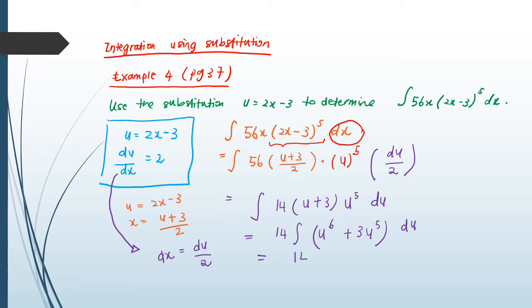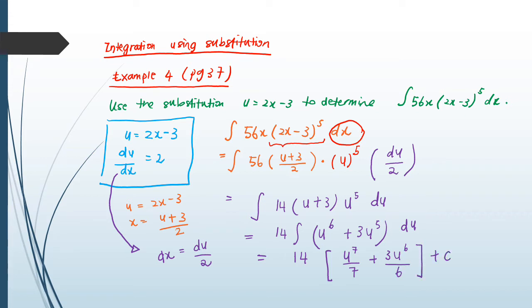What would I get next? 14 is just a number, copy as it is. Integrating u to the power of 6 would give you u to the power of 7 over 7, and integrating 3u to the power of 5 would give you 3u to the power of 6 over 6, plus c.